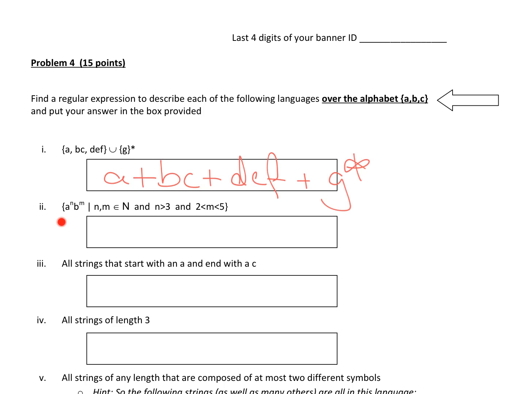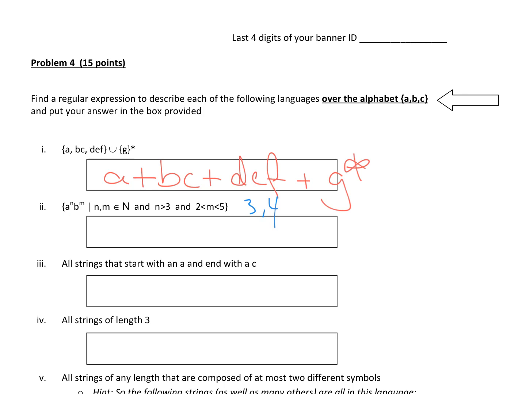For the second one, A to the N, B to the M. So as many A's as you want, as many B's as you want, as long as N and M are in the natural numbers, and also, let's see, N is greater than 3, and M has to be between 2 and 5. So it's worth noting the only numbers between 2 and 5 are 3 and 4. So this says we have to have either 3 or 4 B's and as many A's as we like, as long as there's at least 4 of them, right?